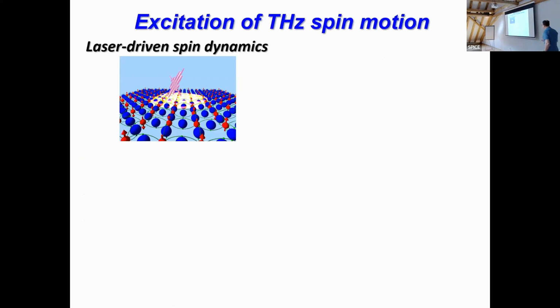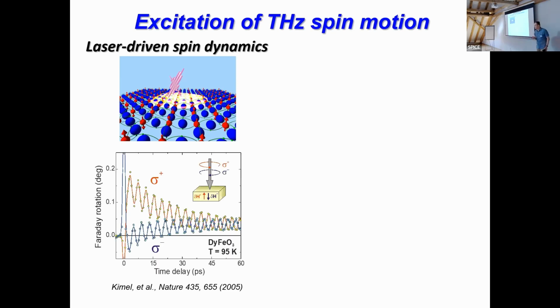As we already know, there are two ways to excite spin dynamics in antiferromagnets. The first is the excitation by femtosecond laser pulses, which was demonstrated in this important paper in 2005.